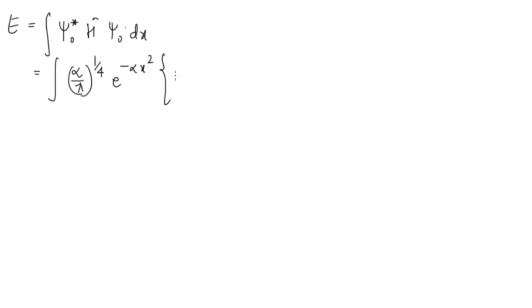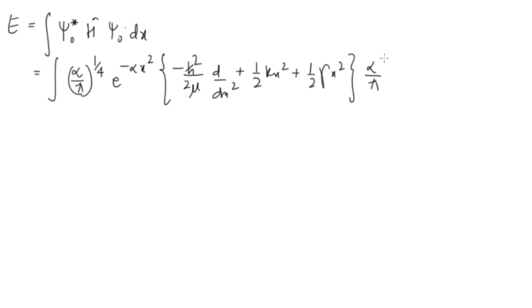Then we'll put H, so H is minus h square by 2 mu d2 by dx square, then plus half kx square, then we have 1 by 6 gamma x cube, right? So this was your H, and after that you will also have the other term, that is psi naught, which is alpha by pi whole to the power 1 by 4 e to the power minus alpha x square dx.